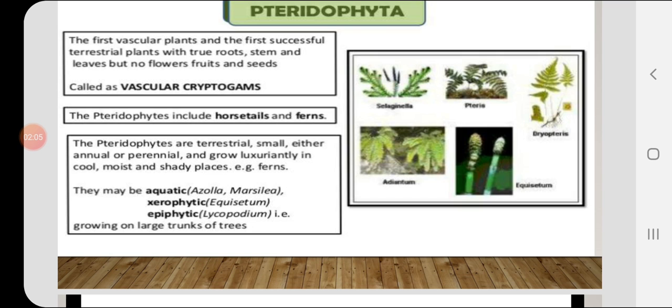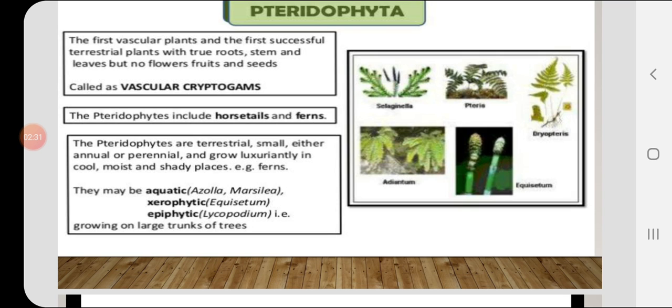That means they are the plants which show the vascular tissues, that is xylem and phloem. And they are known as the first successful terrestrial plant with true roots, stems and leaves, but no flowers, fruits and seeds. That means Pteridophyta were the first plants to show the true roots, true stem and true leaves.